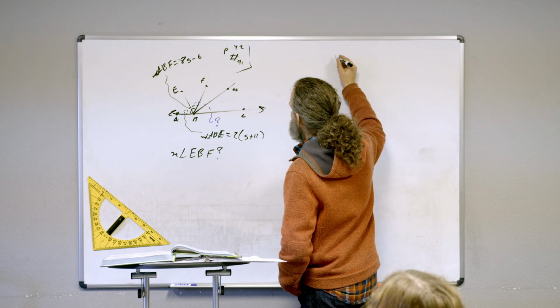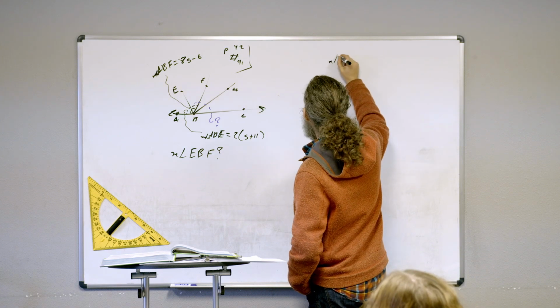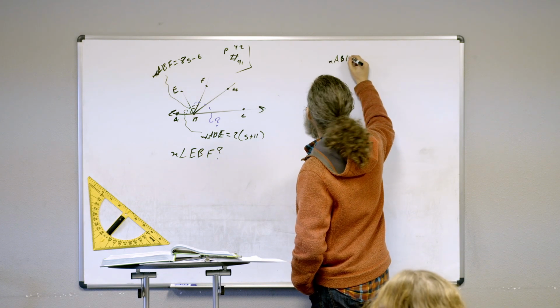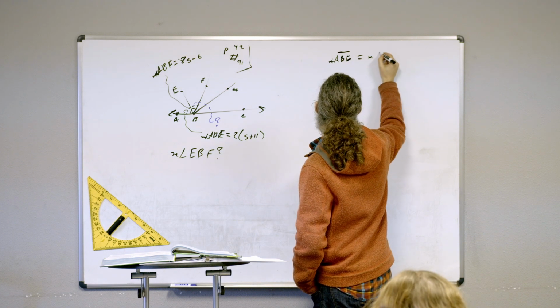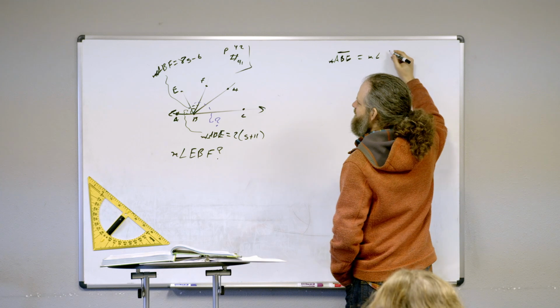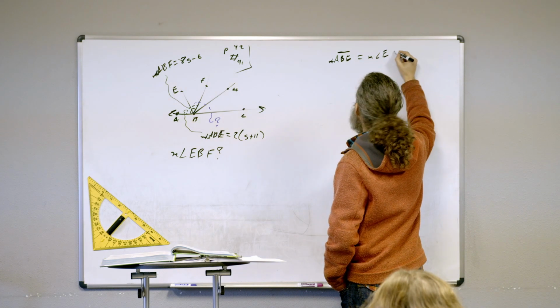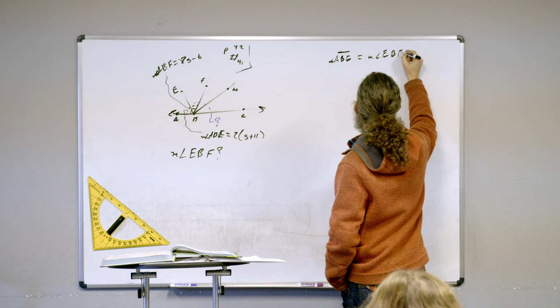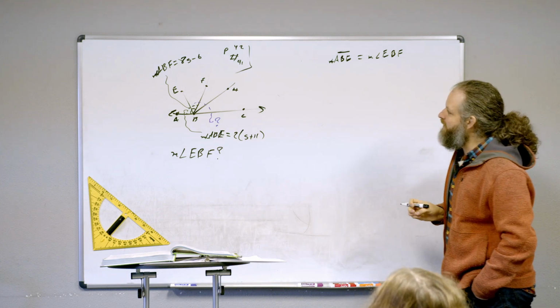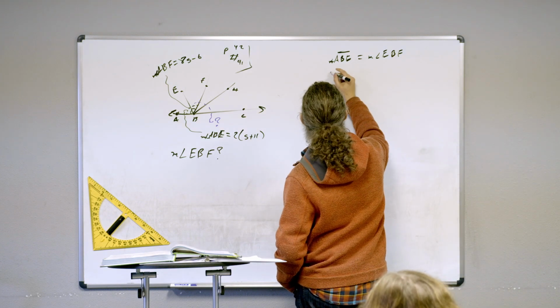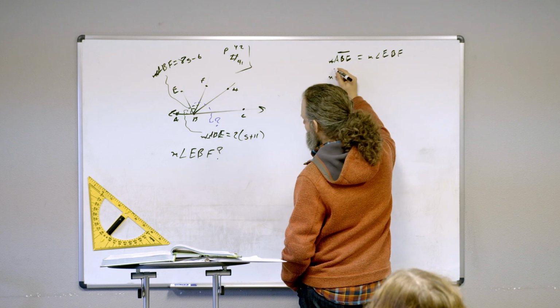Also, those are congruent. So the measure of ABE equals the measure of angle EBF. Could also say that they add up to get the total: one little one plus the other little one is the big one, right?